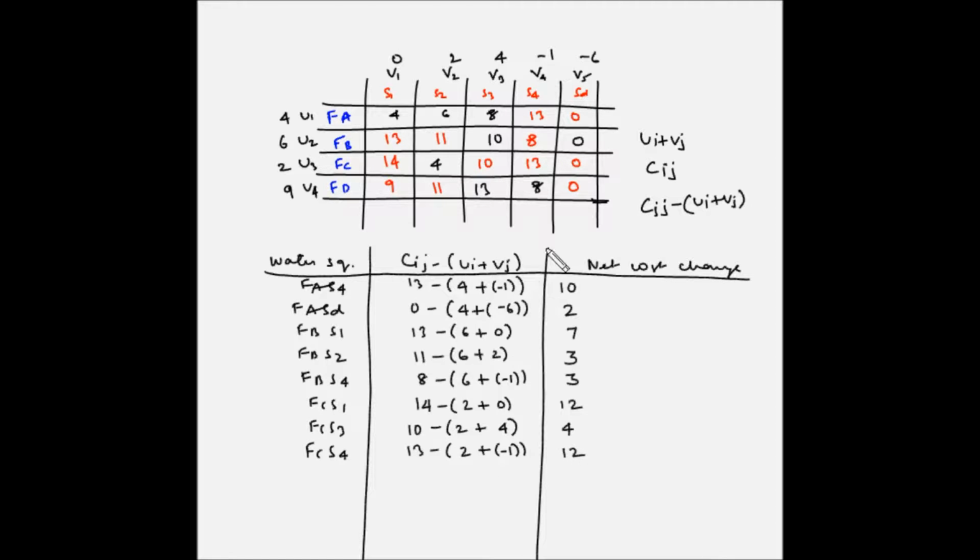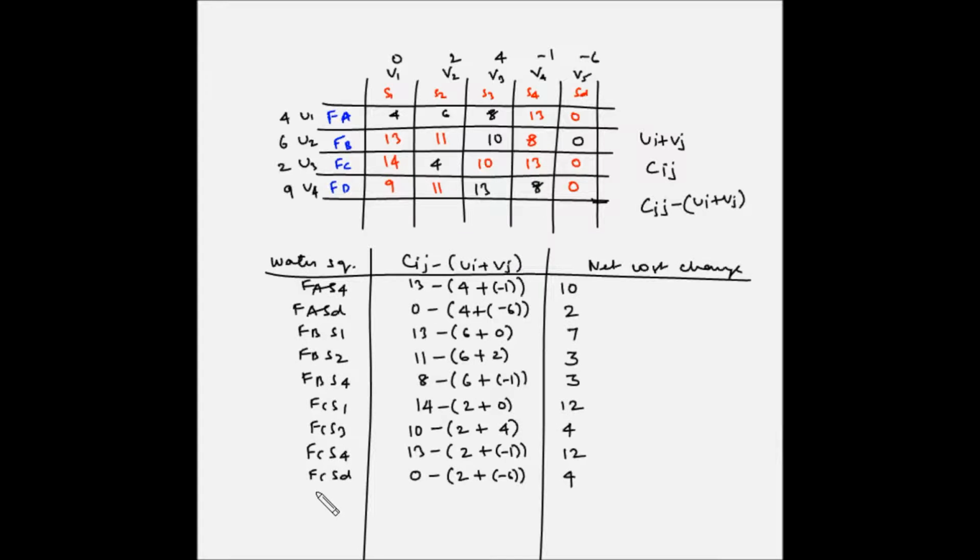The next water square is F-C-SD, cij is 0, ui is 2, vj is minus 6. So 2 minus 6 is minus 4, and there is a negative sign outside, so minus minus plus, so this becomes 4.